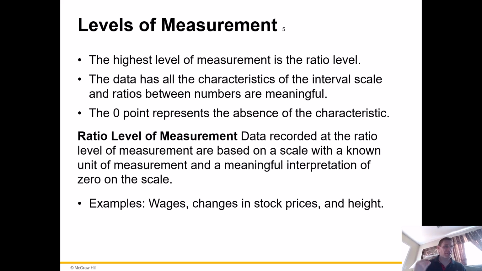If you have 0 wages, that represents the absence of wages, right? If you have 0 in stock capital gains, that represents an absence of a gain, and so on. But think about why the 0 point represents the absence of the characteristic. If the temperature is 0, it doesn't mean that there's no temperature, right? This is where 0 actually represents the absence of a characteristic.